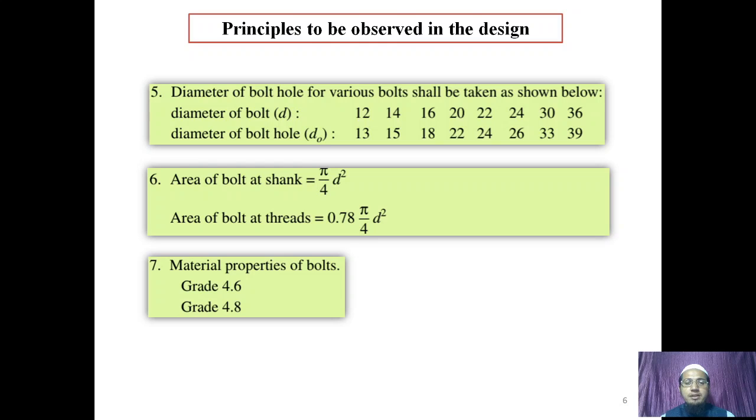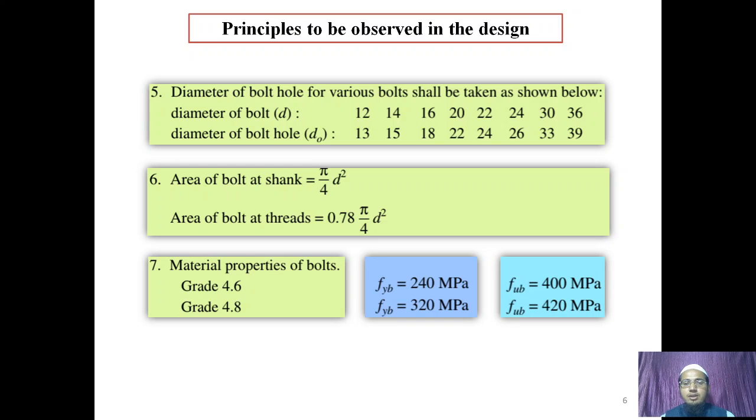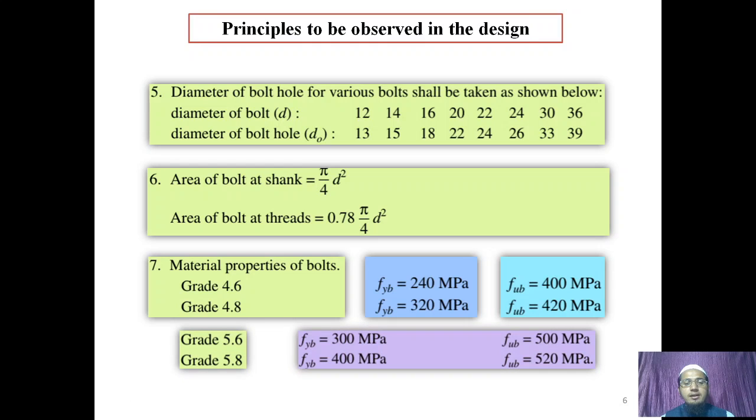For grade 4.6, yield stress is 240 MPa and tensile strength is 400 MPa. For 4.8, yield stress will be 320 MPa and fub, the ultimate tensile strength, will be 420 MPa. Likewise for 5.6 grade and 5.8 grade bolts. These values we should know before starting the design.